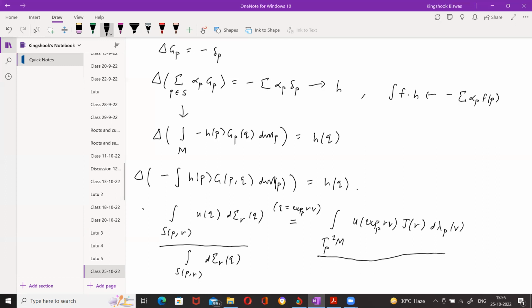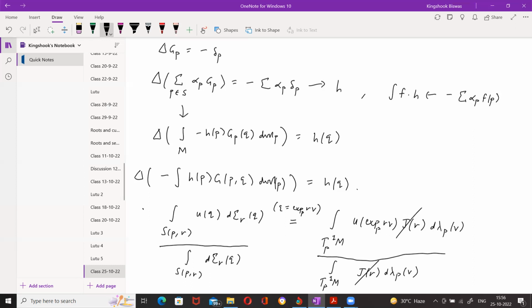Below I get the integral over T_p^1 M of j of r d lambda p v. So this j of r doesn't depend on v. Therefore it cancels from both these integrals. And what remains below? The integral below is just the volume of the unit sphere, which is the constant Cn.